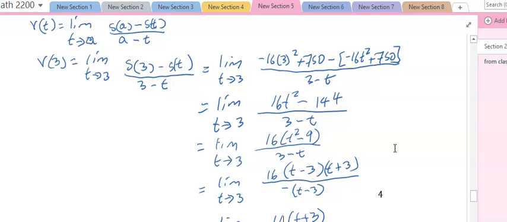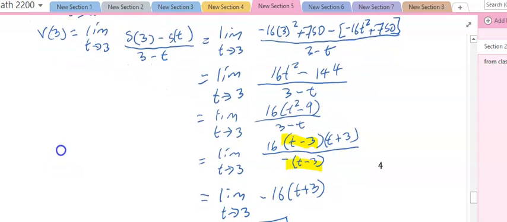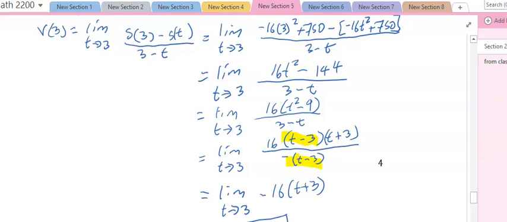Now we notice that we can cancel out the t minus 3 in the numerator and the t minus 3 in the denominator. And so we have the limit as t approaches 3 of negative 16 times t plus 3.